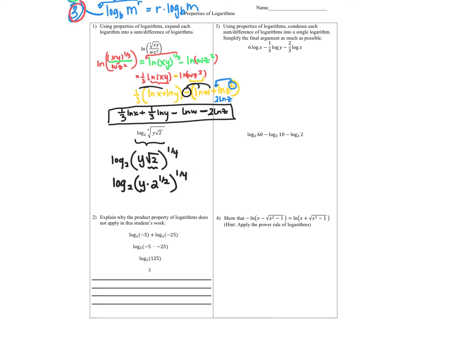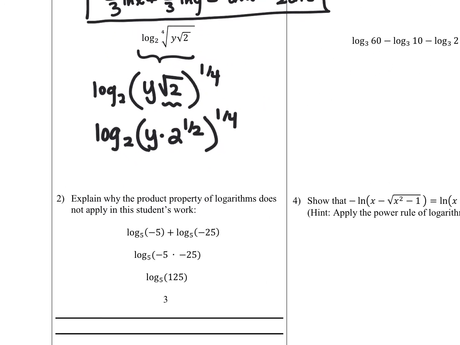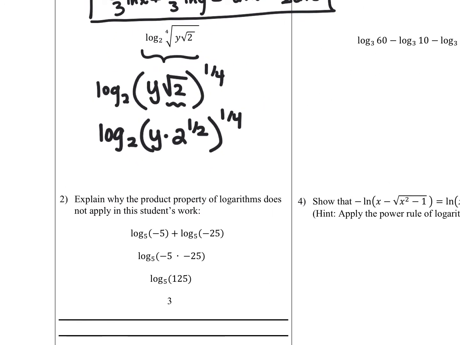There are a couple different ways that you could deal with that. Right away what's popping out at me is exponent rules: if you have a power on y times 2 to the 1/2, that 1/4 can go to each of those pieces. So this is really log base 2 of y to the 1/4 times, if you have 2 to the 1/2 and you raise that to the 1/4, that's really 1/8.